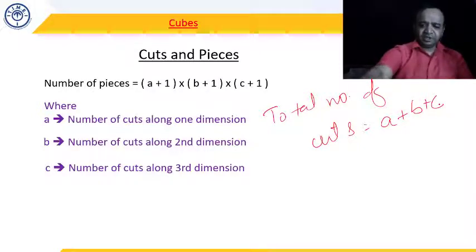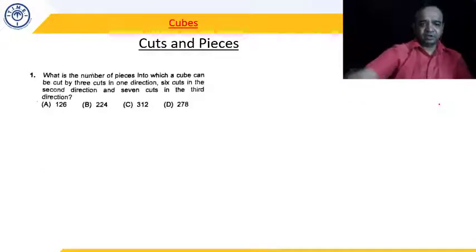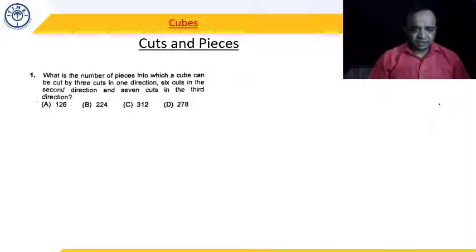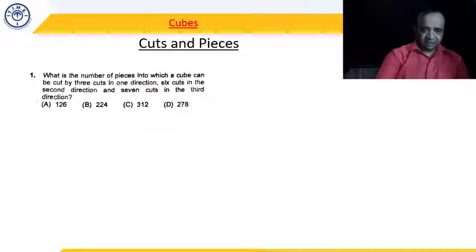Now I'm going to start with one question from the handout, and just look at question number 1. What is the number of pieces into which a cube can be cut by 3 cuts in one dimension, 6 cuts in the second, and 7 cuts in the third dimension? Now 3 cuts along one dimension.